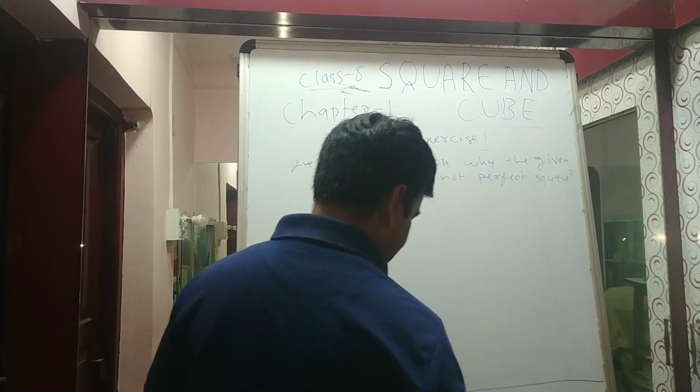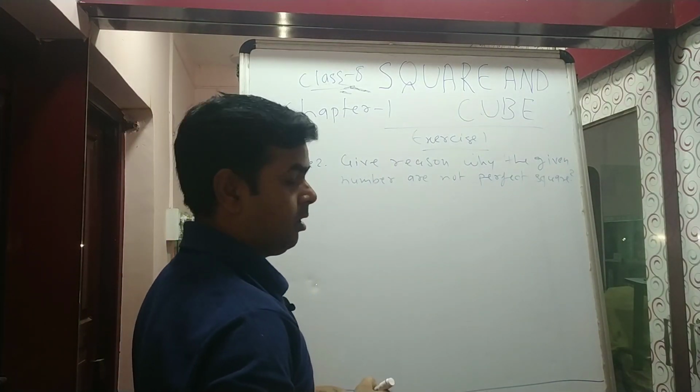Just by seeing, we can tell whether a number is a perfect square number or not.